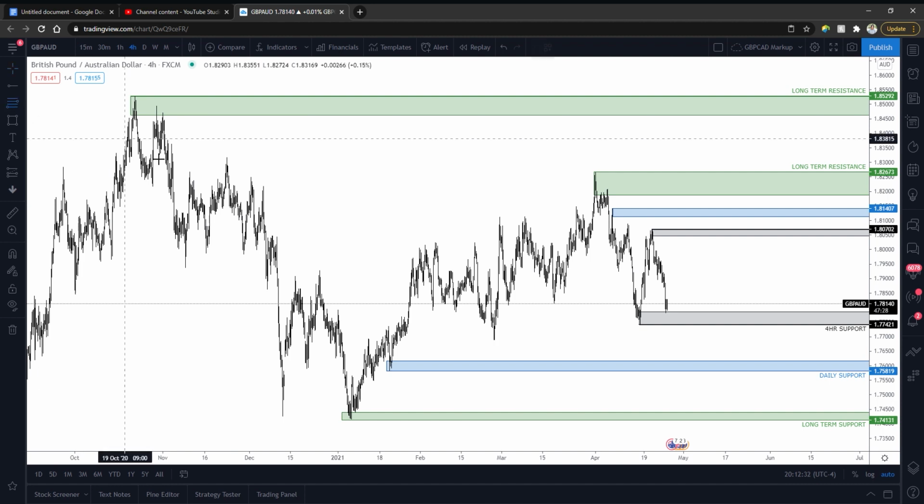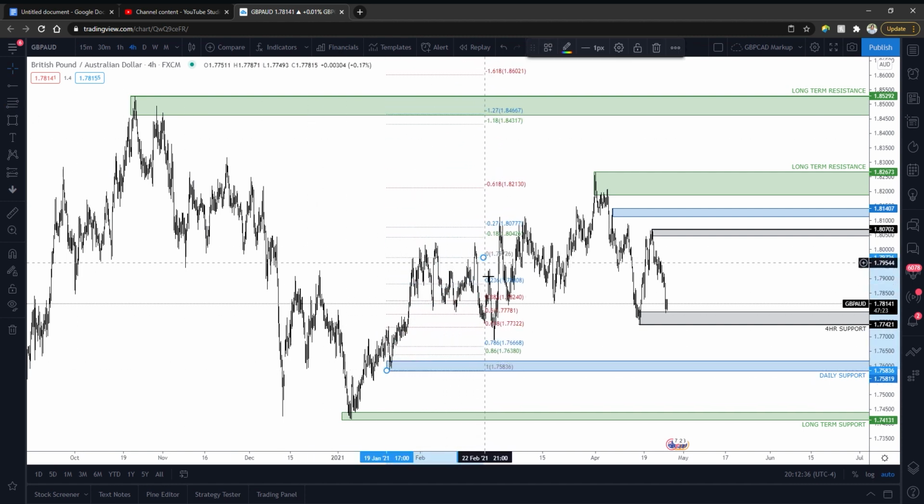This is a little choppy. So we got A, B, and then it bounced off of the 38.2. So I would have known eventually this would have been the final take profit, which eventually price did get to, but it pulled back. So it bounced off the 38.2, and then it ended up pulling back to the 61.8, and it went to the 618 extension.